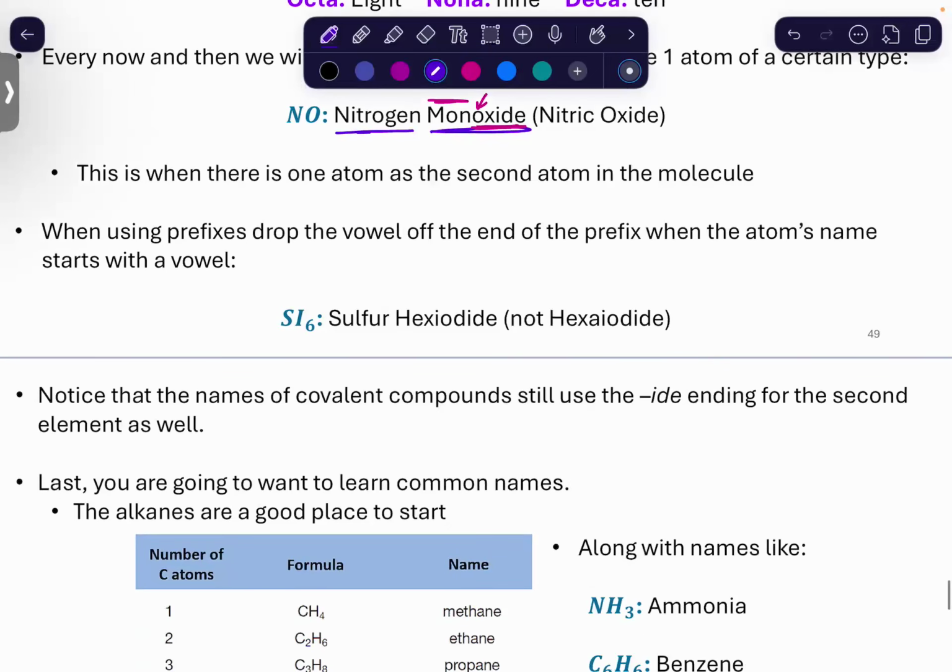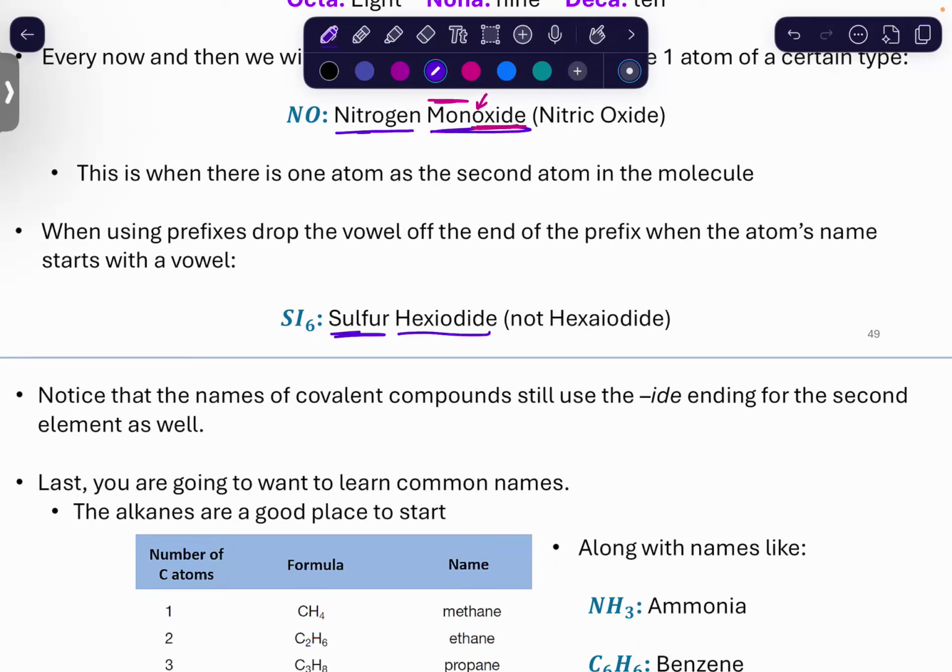So if you look down here, you have SI6. Well, sulfur is a nonmetal, iodine is a nonmetal, so this has to be a covalent compound. So when I name it, I get sulfur and then hexa iodide.